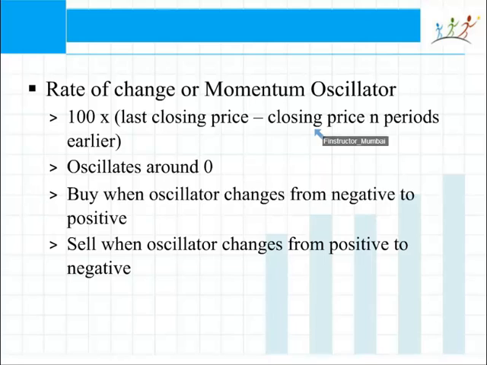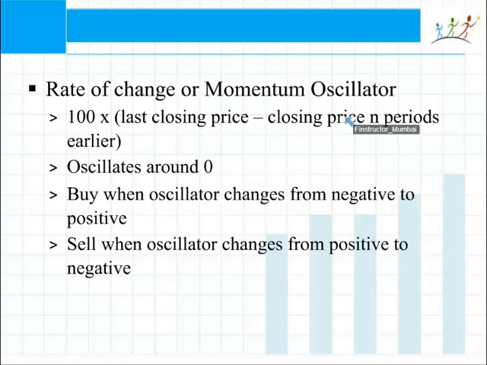This oscillator is expected to move around 0. The last closing price and the price 5 days before or 10 days before is expected to be the same, so this normally oscillates around 0. Sometimes the price will be higher, in which case it will be positive. Sometimes it will be lower, in which case it will be negative.